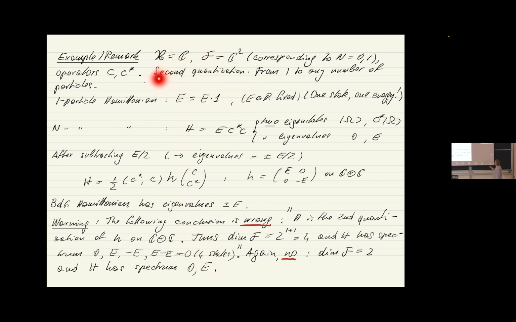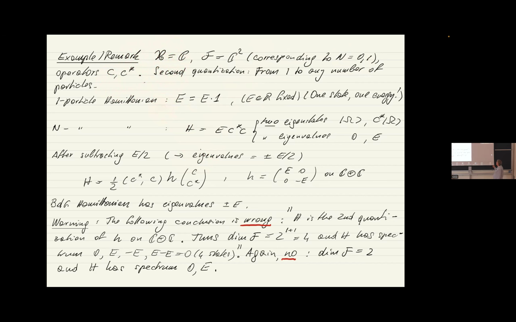So let's make the very simple case where the original Hilbert space, the basic one, is just C, one dimension. And therefore, F is just C squared. There's one way not to have that one state and one way to have it, which makes for the C squared. Then you have just one set of operators, one operator C and one operator C star. There's no need for an index because this is one dimension.